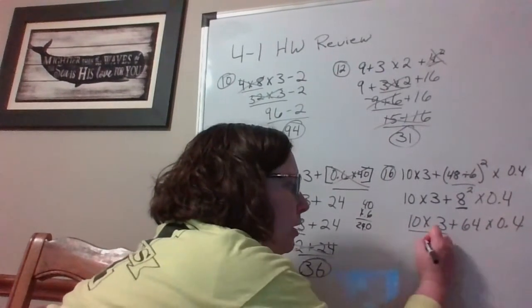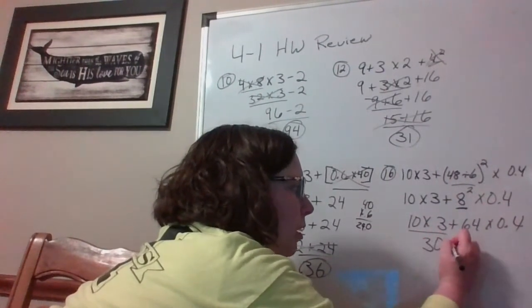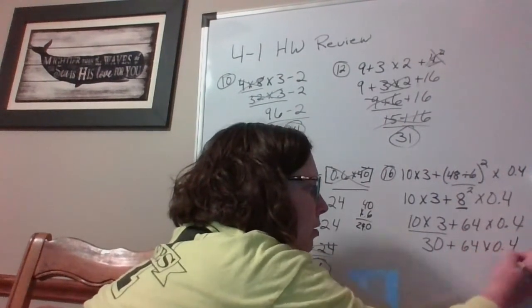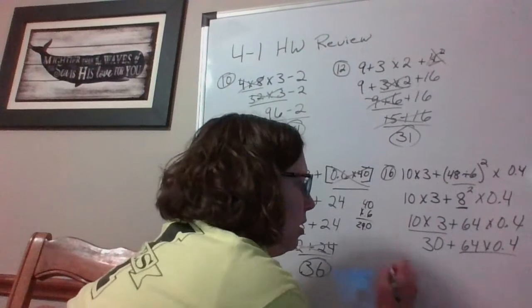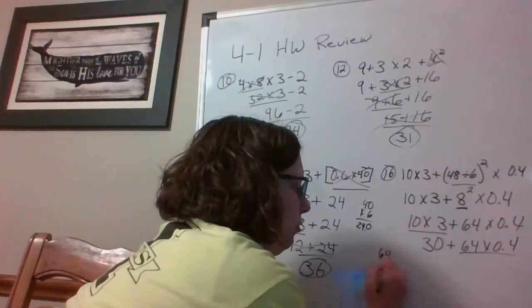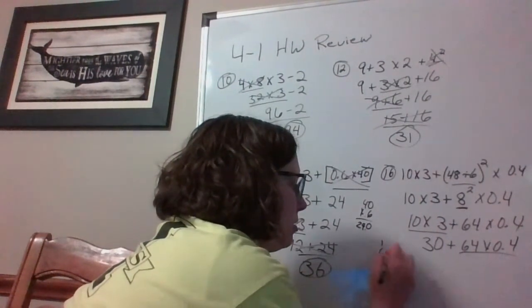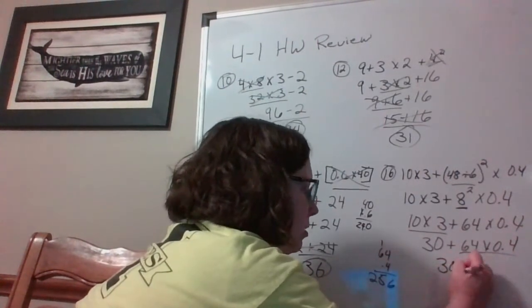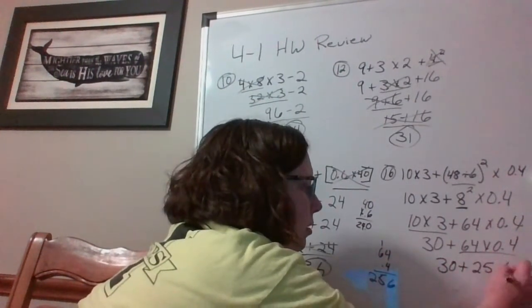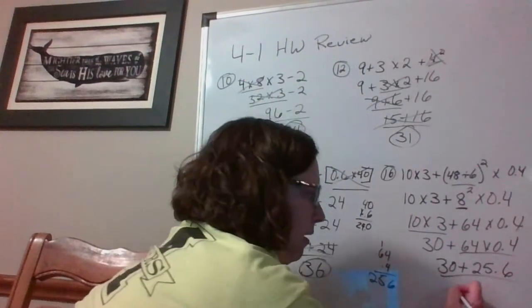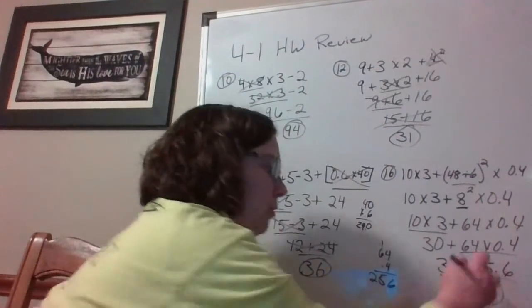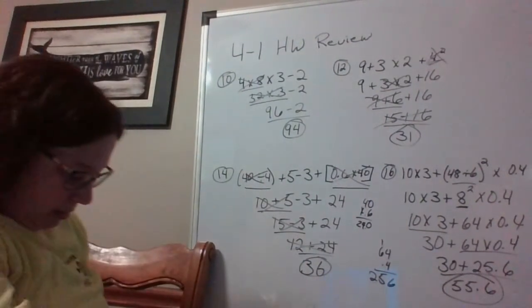I have a multiplication here, and I also have a multiplication here. So when I do 64 times 4/10, I get that. So the last thing I have is to add these. And there's our answer, 55 and 6/10.